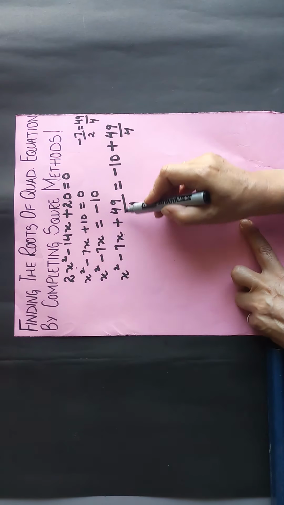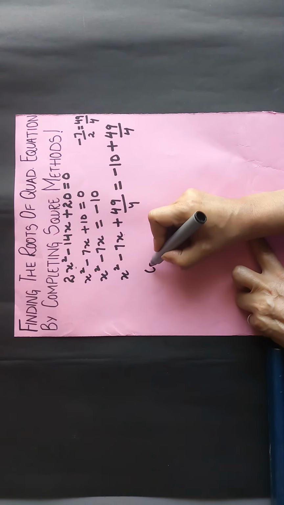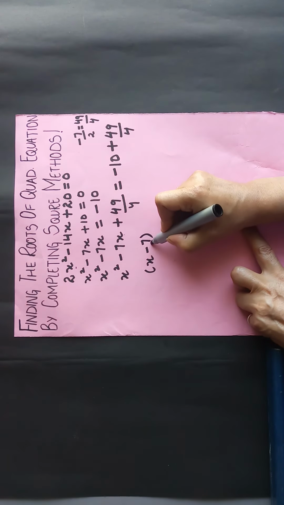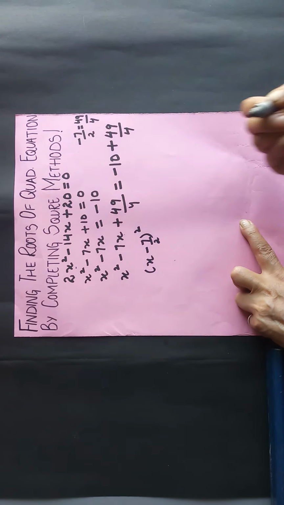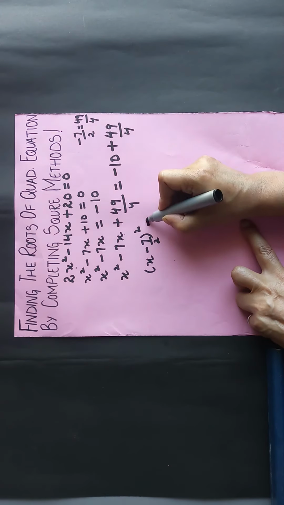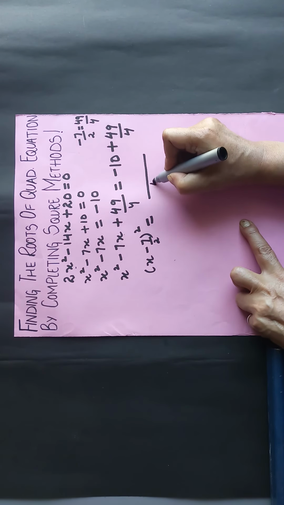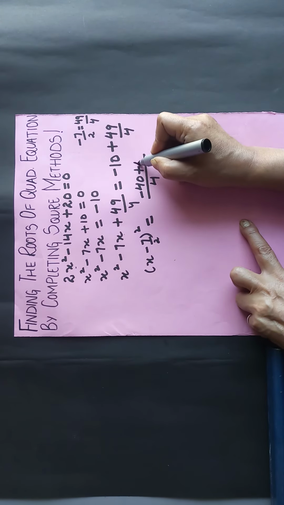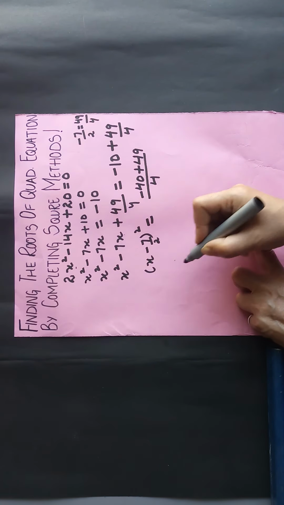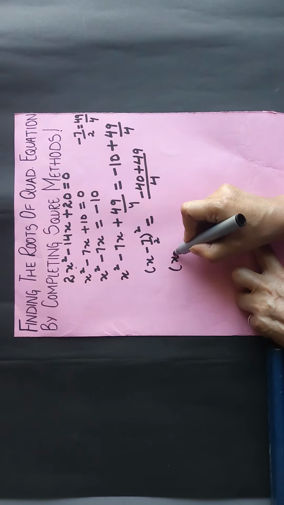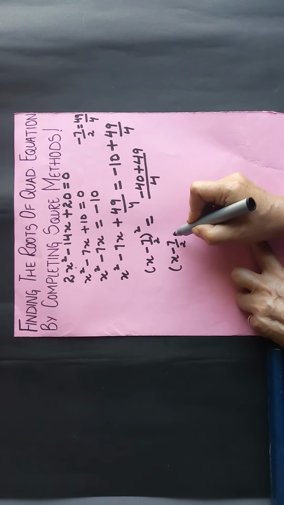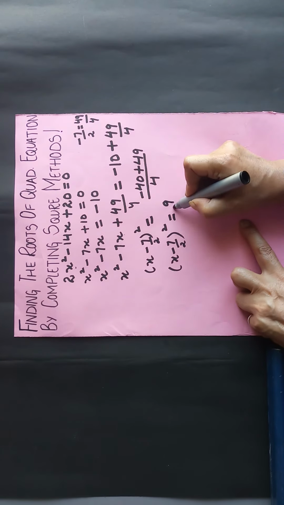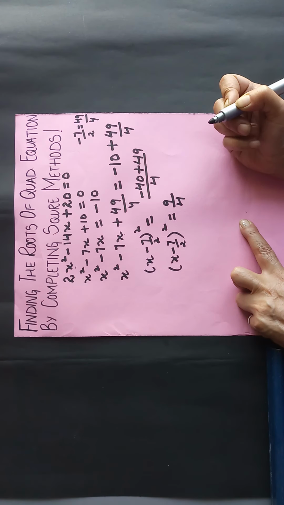So if we look at this carefully, isn't it x minus 7 by 2 whole square? And this side, if I take 4 as LCM, I'll get minus 40 plus 49. So this becomes x minus 7 by 2 whole square is equal to 9 by 4.